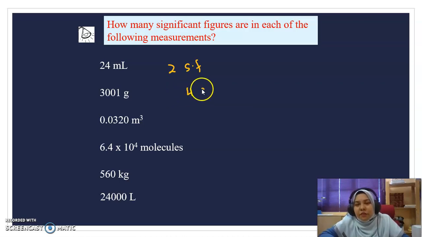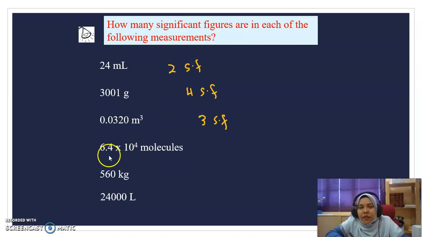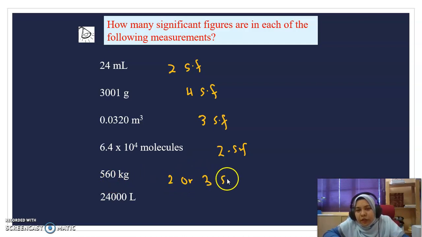Okay, 4 significant figures. The next one? Correct, 3 significant figures. And then 2 significant figures. The next one? Correct: 2 or 3 significant figures. Be careful here.